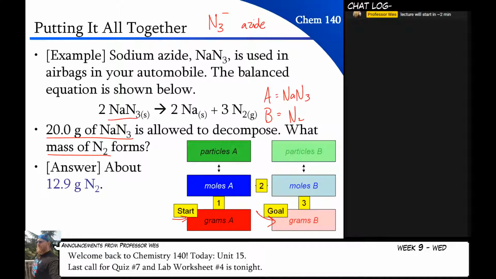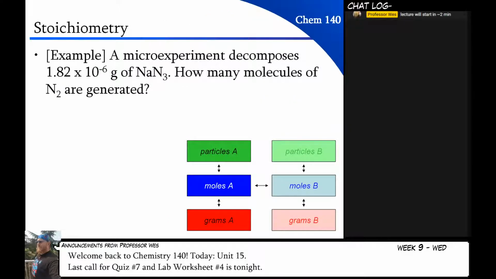All right, so I'm going to give you a micro experiment. We're going to work with a really tiny amount of sodium azide here. So now we need the equation again. So do I put that on the screen? I do. Okay. So now instead of you solving for how much nitrogen mass is generated, I'm asking you to solve for something different, but otherwise the problem is the same.